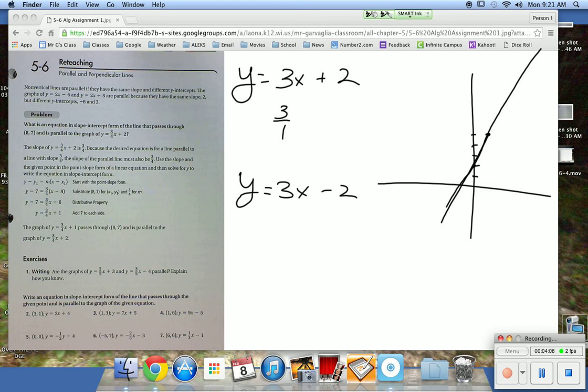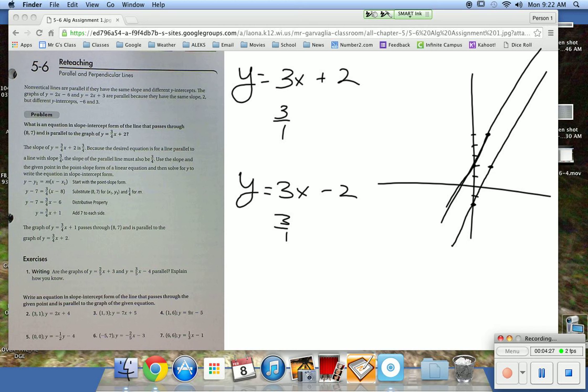Negative 2. 1, 2. Crosses right here. My slope is 3 over 1. So I go up 3, 1, 2, 3, and over 1. And I've just created a parallel line to the other one.